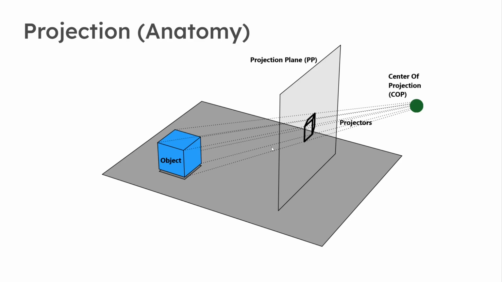The vertices of the cube's image on this plane can be labeled as P prime, so each vertex is mapped to this plane as P prime 1, P prime 2, P prime 3, whatever. The projectors are shown as dotted lines here. And here, there's a point called COP, or center of projection. Since this is a specific diagram of perspective projection, there could have been a direction of projection instead if it was a parallel projection.